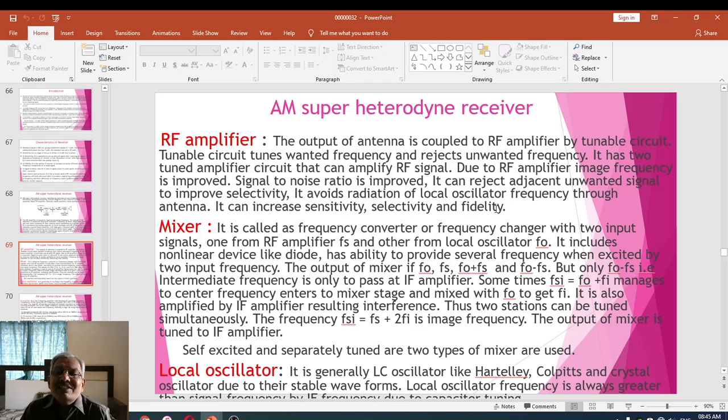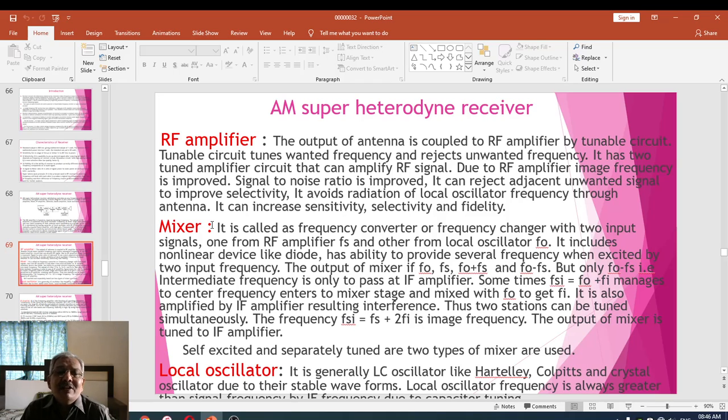The fidelity, selectivity and sensitivity are all decided by the RF amplifier. Now the output of the RF amplifier acts as a modulated signal of frequency Fs. It is given to the mixer.